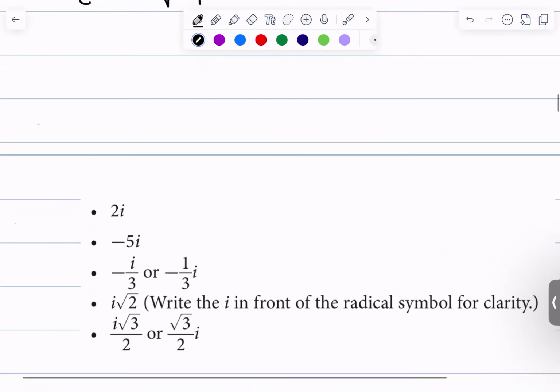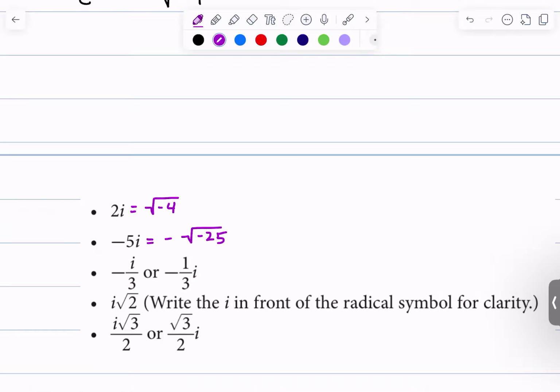Since i is square root of negative 1, I can say that 2i, the unsimplified version, is square root of negative 4. The unsimplified version of negative 5i is negative square root of negative 25.